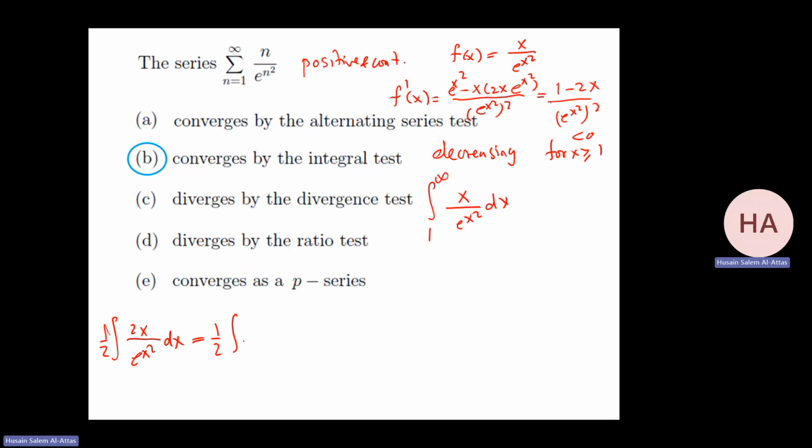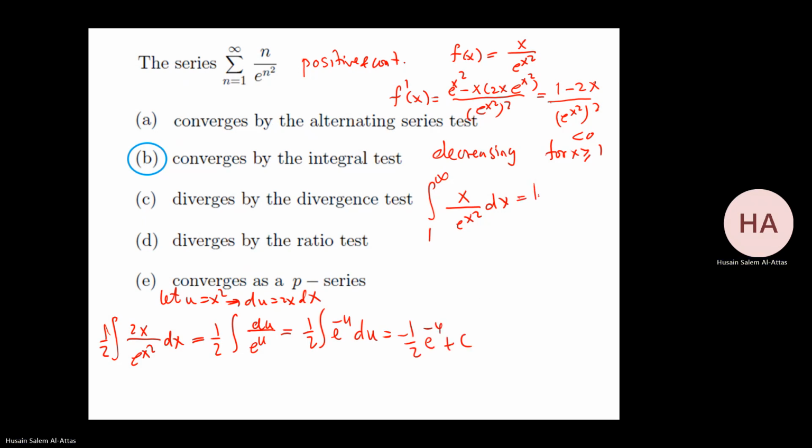I let u equal x squared, so du equals 2x dx. So I have half the integral of du over e to the power u. In other words, e to the minus u du, which is minus half e to the minus u plus c.